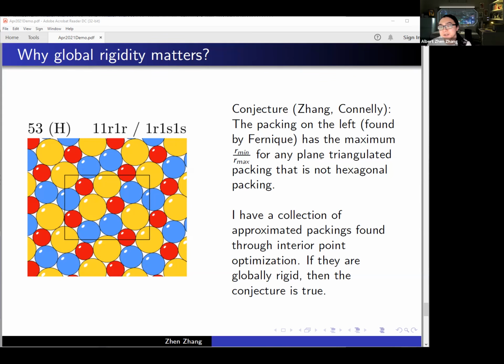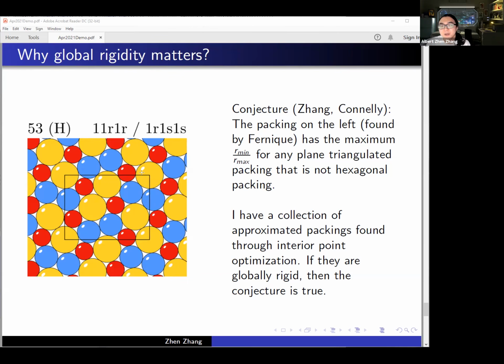So if this conjecture is true, then all the packings with good densities are approximated, somewhat, by a flip and a flow from a triangulated packing. So this can be a very good estimate of the upper bound allowed.